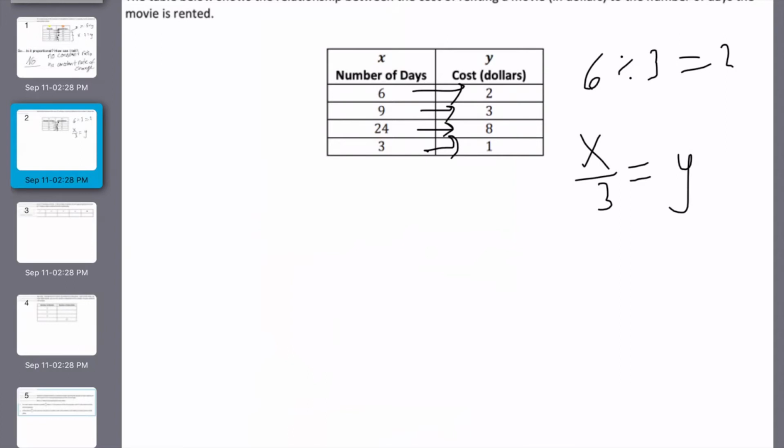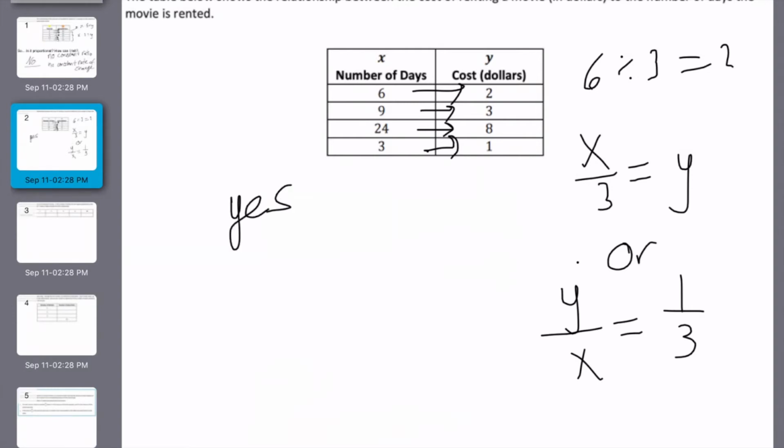Or if I wanted to think about this constantly, I could say the cost in dollars divided by the number of days should in fact equal 1/3. Okay? So is this relationship proportional? Yes. And how do I know?